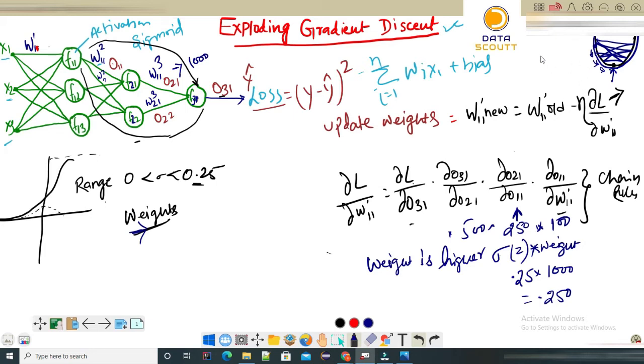And this problem basically happens in the RNN algorithm. We will see in our deep learning playlist what RNN is, but this exploding gradient problem happens in RNN.